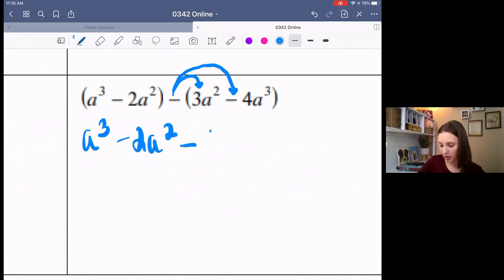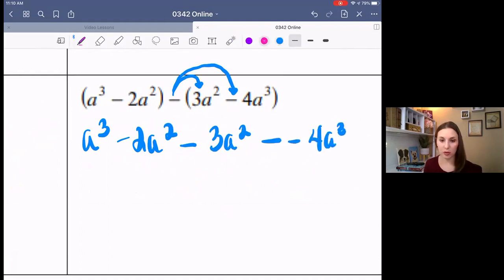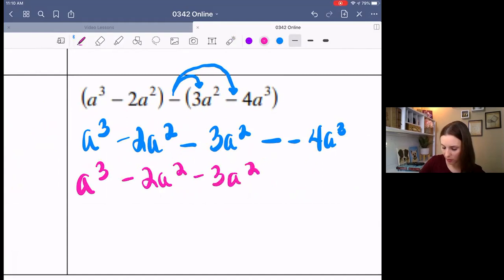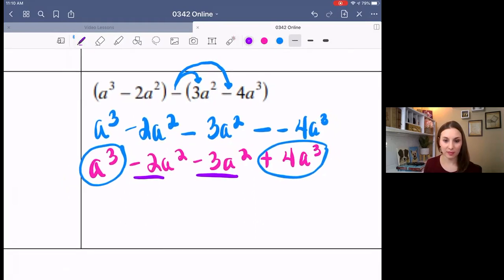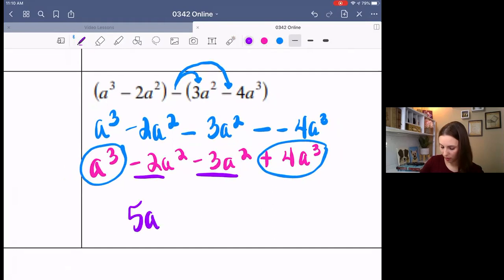I'm subtracting 3a squared, and I'm subtracting negative 4a to the third. So I'm going to simplify a little bit. This minus a negative becomes a positive. And then we have like terms. And that's 5a to the third minus 5a squared.